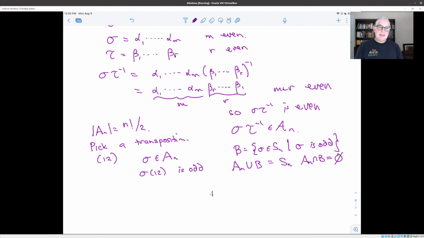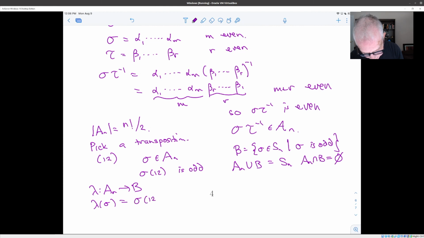So we just have to check that they have the same number of elements, and for that I have a function, let's call it lambda, from An to B, which sends a permutation to that permutation times 1, 2. And this map is bijective because it has an inverse. Lambda inverse of tau is tau also times 1, 2.